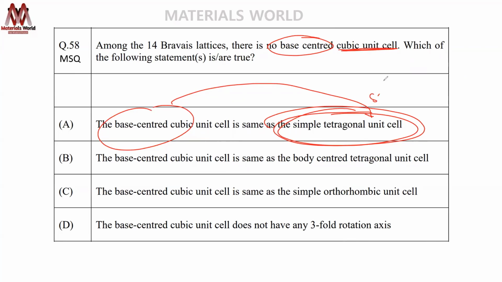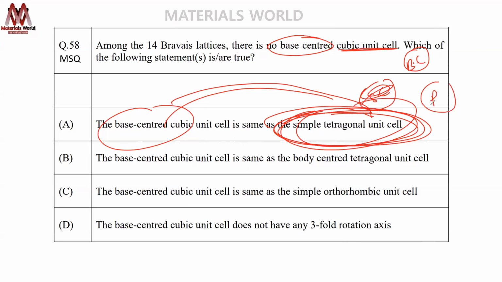Since you already have simple cubic, why do we need base centered? Because it's repeating the structure of primitive tetragonal. You need a unique Bravais lattice, that is only 14. You cannot get more than 14 because it is repeating some other Bravais lattice. But that is not the only criterion.